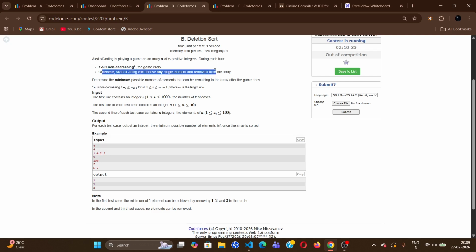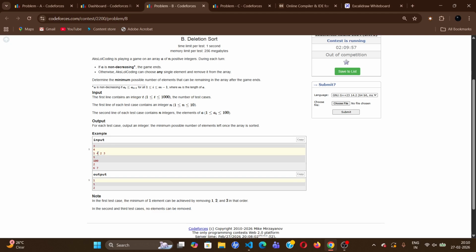Otherwise, determine the minimum possible number of elements. Non-decreasing means it will be increasing or the same. In that case, there will be no inversion.